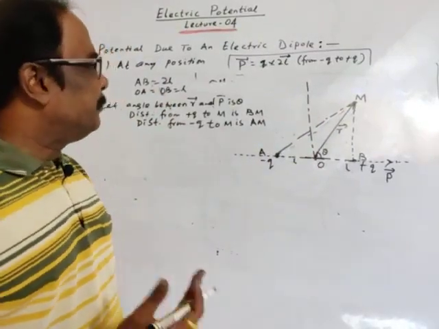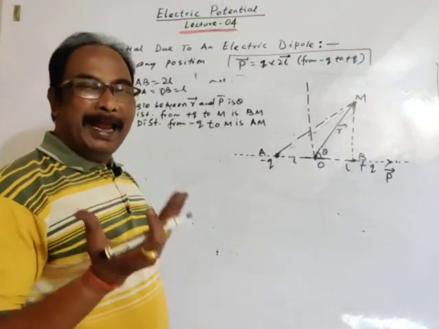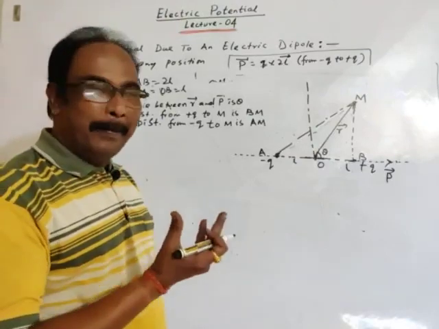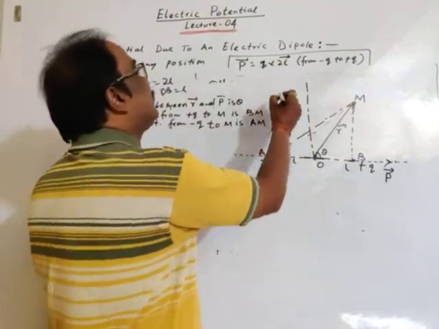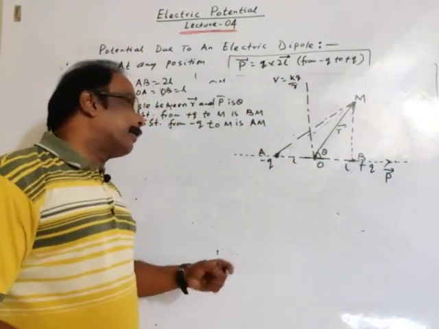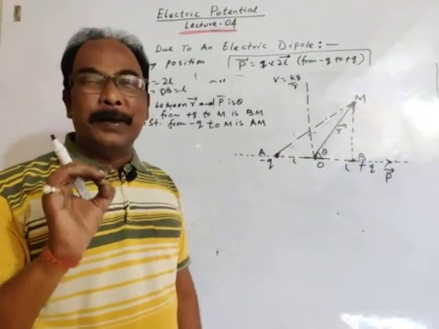Okay. So, potential due to a point charge is kq by r. Here the dipole contains two charges, plus q and minus q.